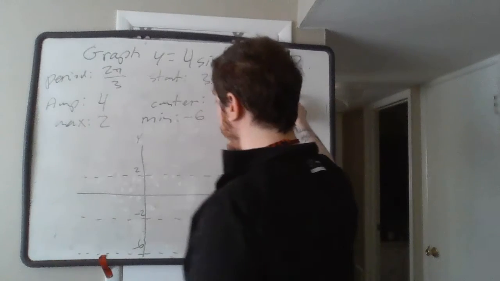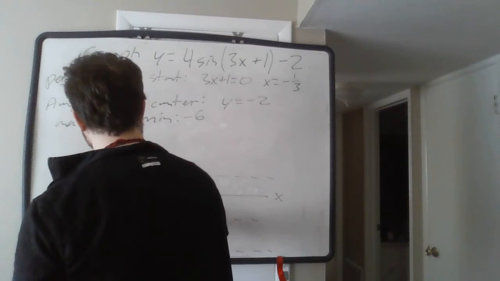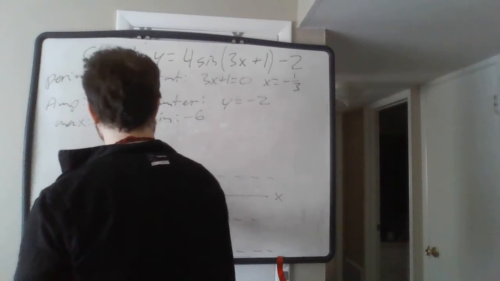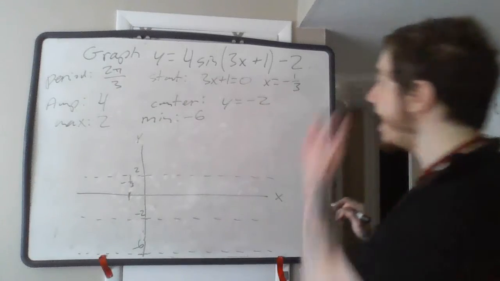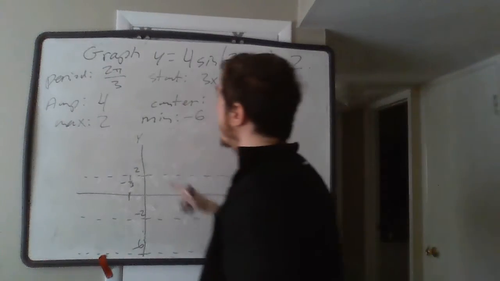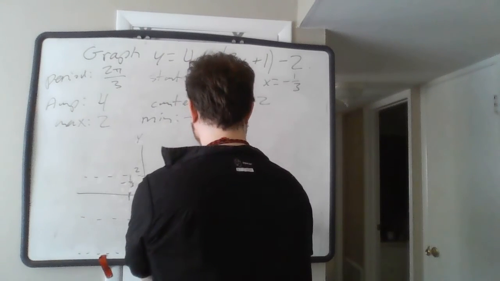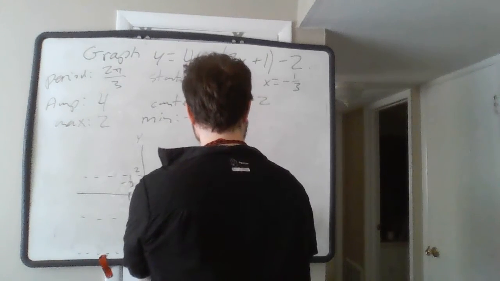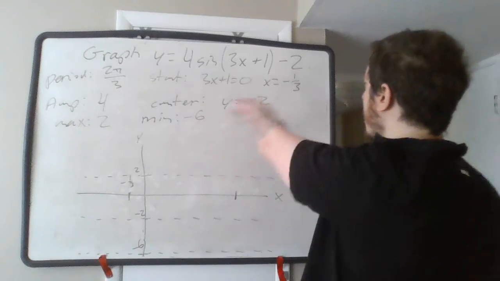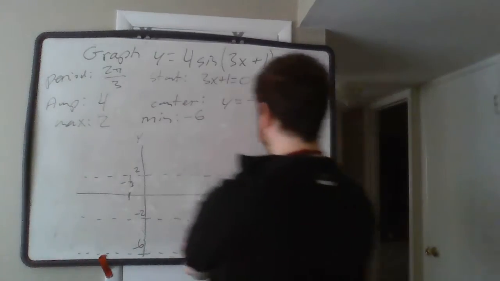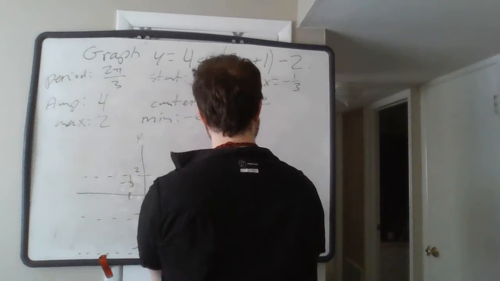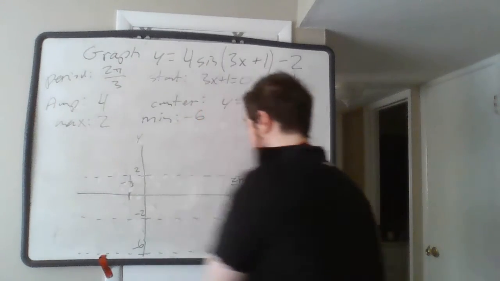Now the period is going to start here at -1/3. And it's going to end at -1/3 plus 2 pi over 3. So here is the end of my period. Now, 2 pi over 3 minus 1/3, that's going to be 2 pi minus 1 over 3.